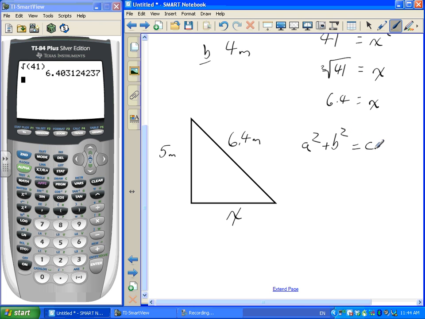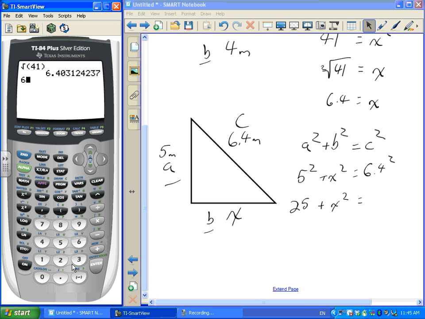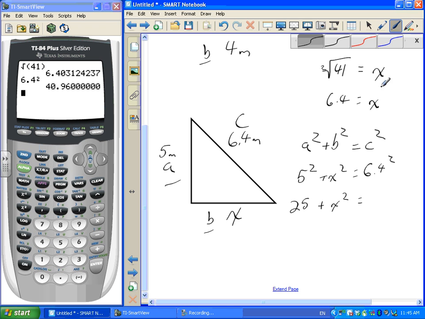The only difference is this has to be our c. So 6.4 is our c squared. Again, let's just call 5 a and x b. So our a is 5 squared, and our b is x squared. 5 squared is 25 plus x squared equals 6.4 squared, 40.96.